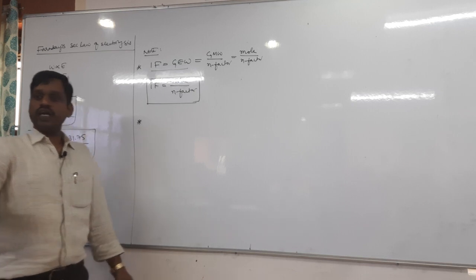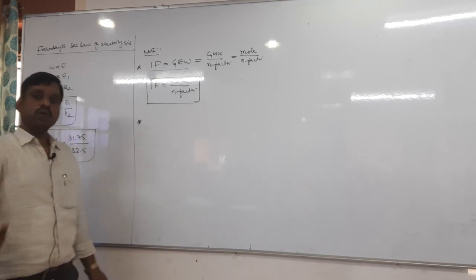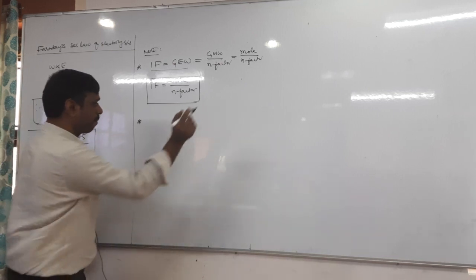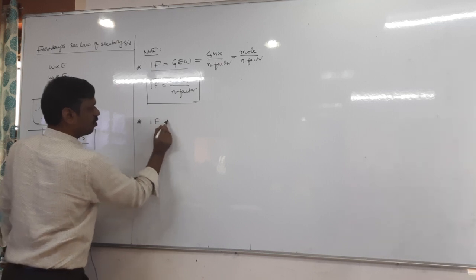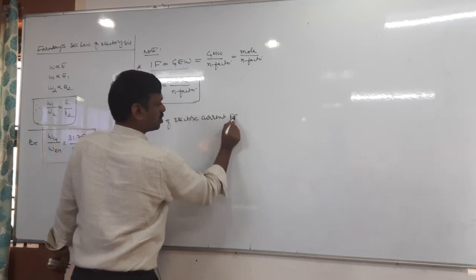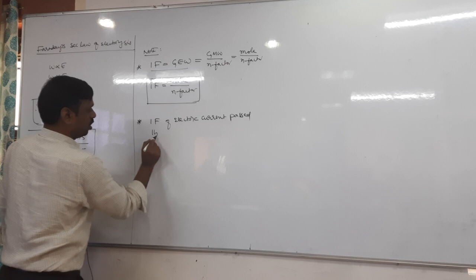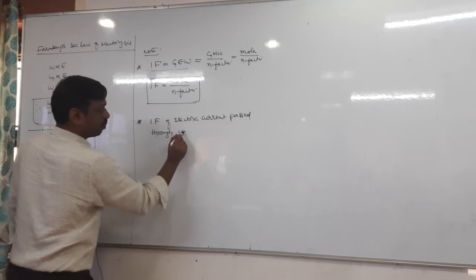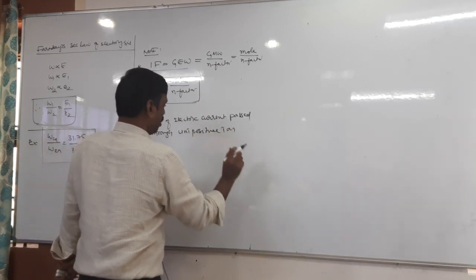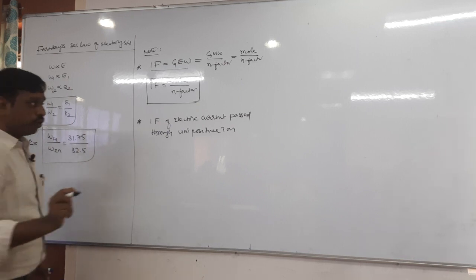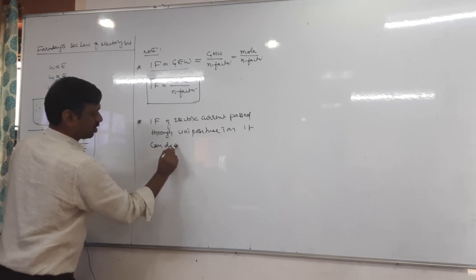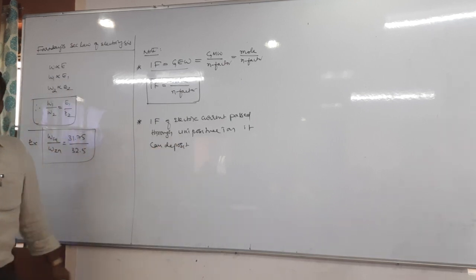Listen, when 1 Faraday of electric current is passed through a monovalent or unipositive ion, tell me, how many moles of the substance can it deposit?